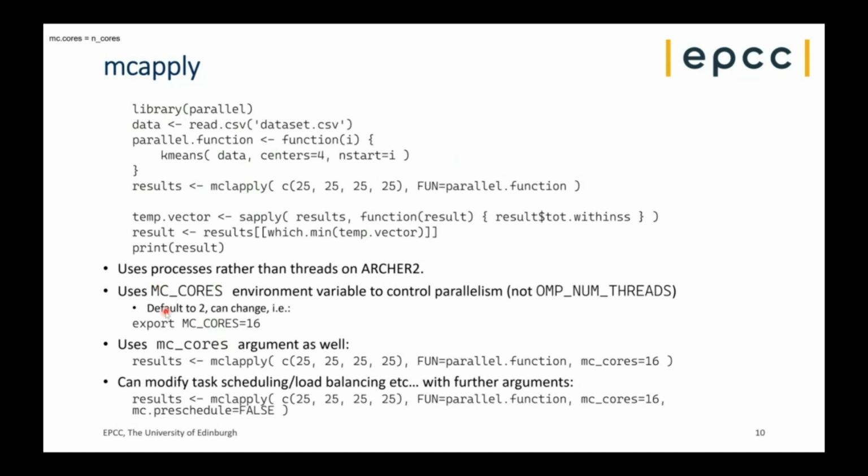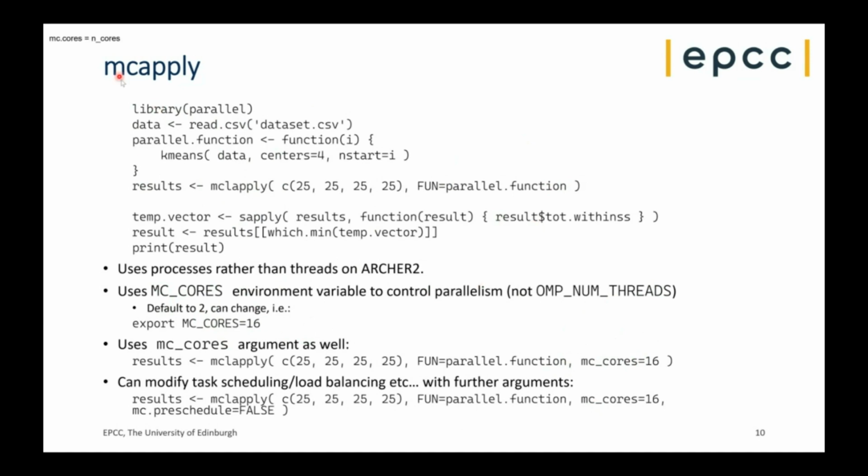And there we can again control the amount of parallelism we have. So instead of using OpenMP num threads, we use MC cores as an environment variable. I think by default on ARCHER2 it defaults to 2 processes, but you can change that when you run your job, and you can also specify that within the function call itself. So you can say, actually, I want to use 16 cores for this function call and 8 cores for that one, and those kind of things.